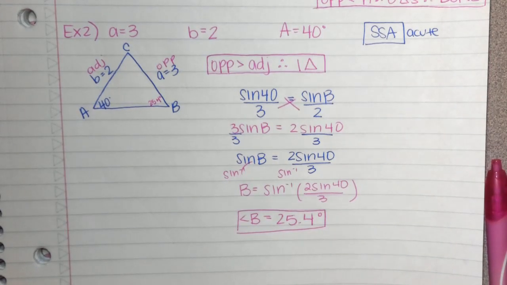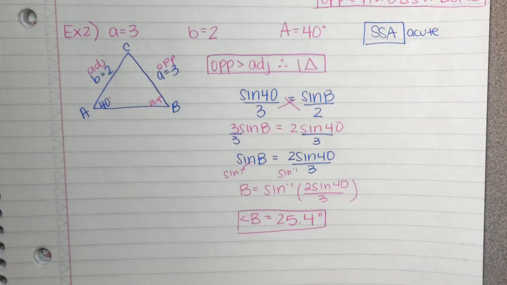Whenever I'm adding them together, I'm going to add together B plus, what is the other one? 40. And then I'm going to subtract this from 180. Oh, I didn't do it twice. Okay. And I get an accurate answer. Again, sometimes the rounding doesn't matter, but sometimes it definitely does.